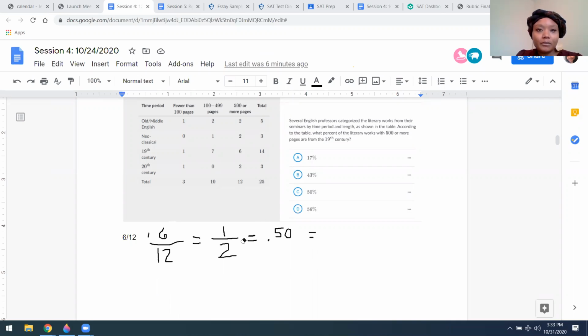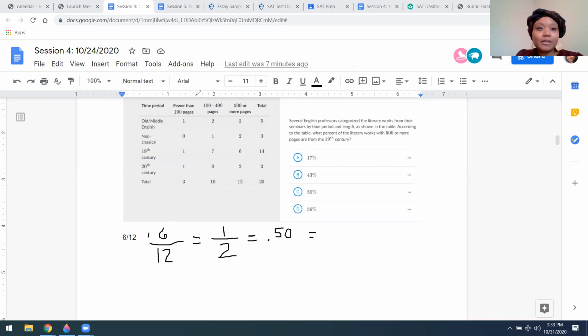The fraction form of 0.50 is 1/2, and the decimal form of 1/2 is 0.50. That's because when you divide 1 by 2, you get 0.5. So they mean the same thing. They're representations of the same amount.